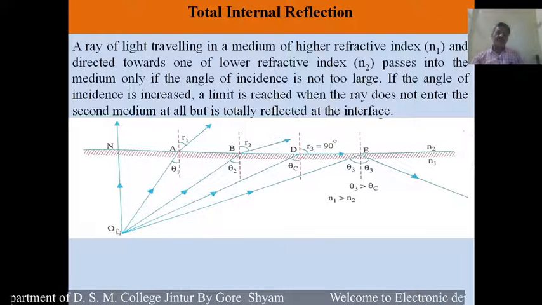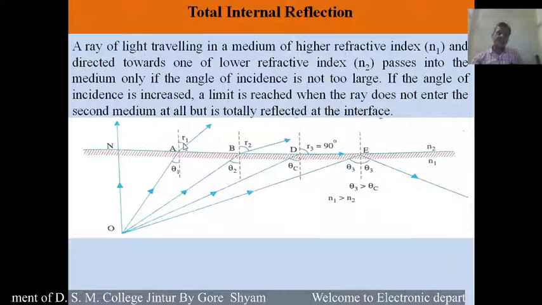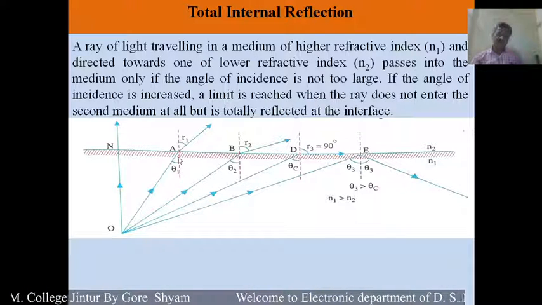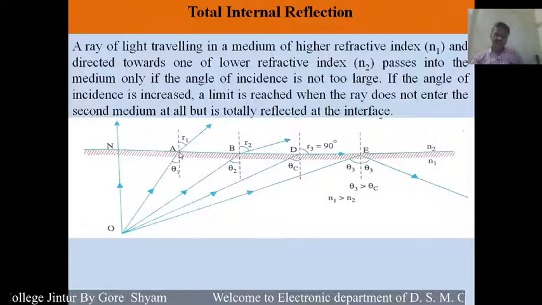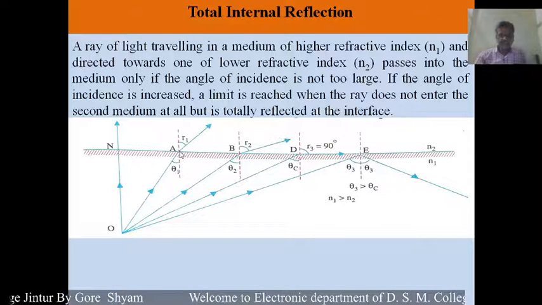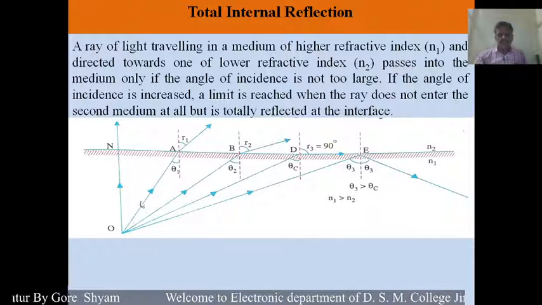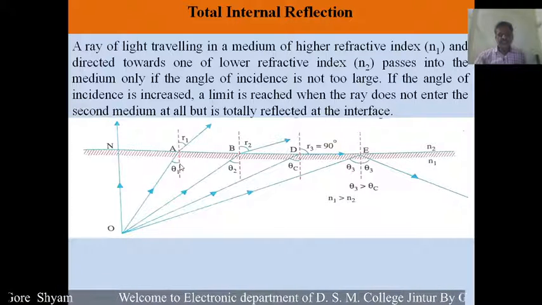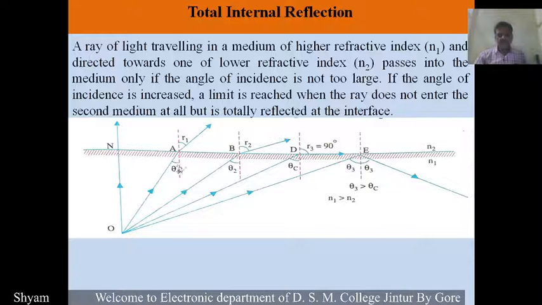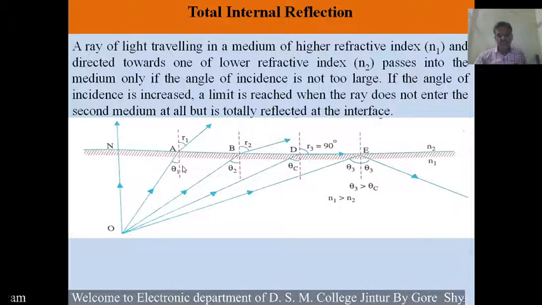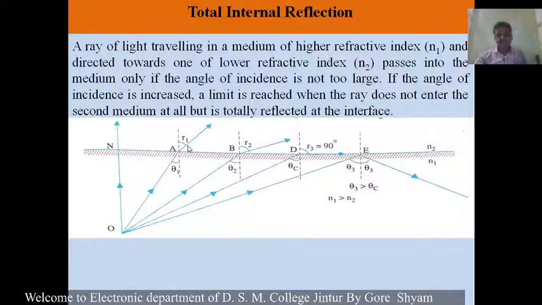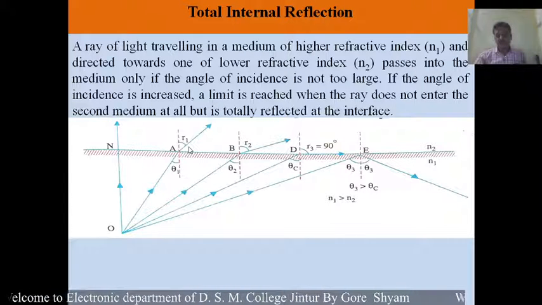If it makes some angle with this normal, suppose this makes angle theta 1 at the interface point A. At this point A, this ray, that is OA, makes the angle of incidence equal to theta 1, then the angle of refraction is equal to R1.